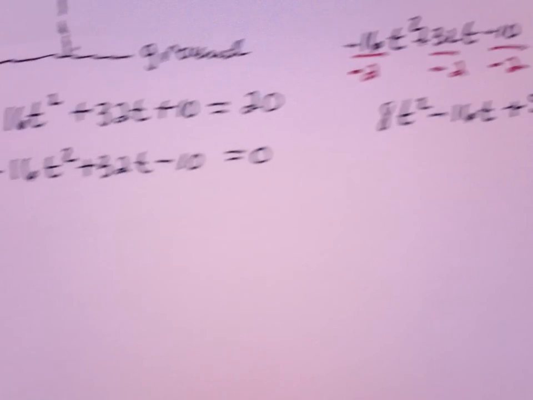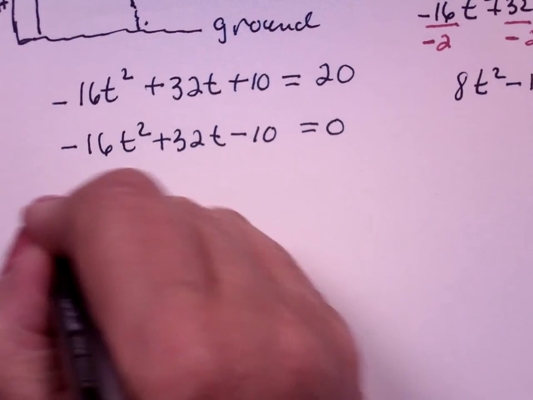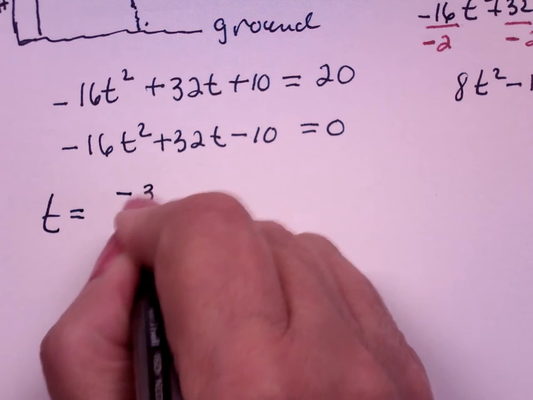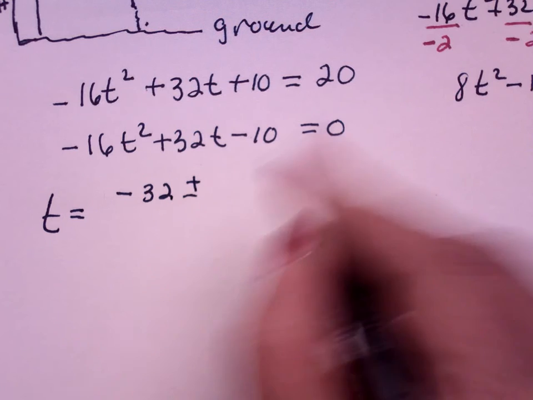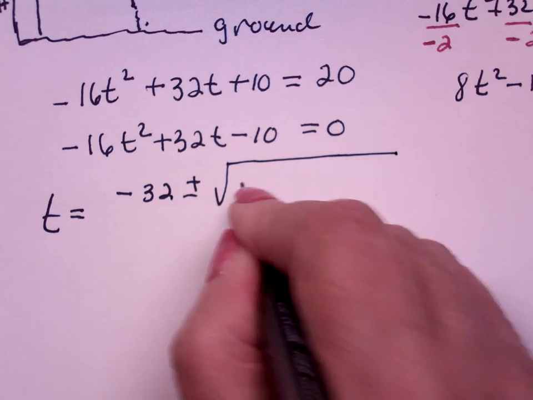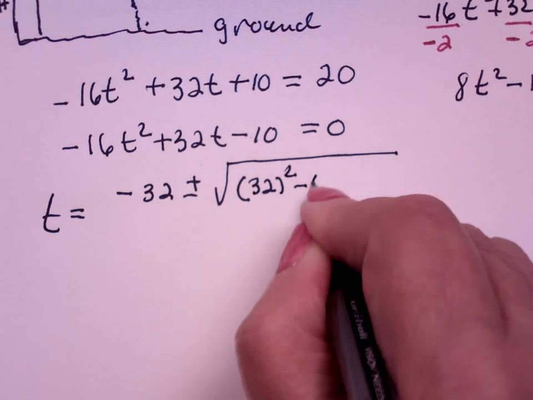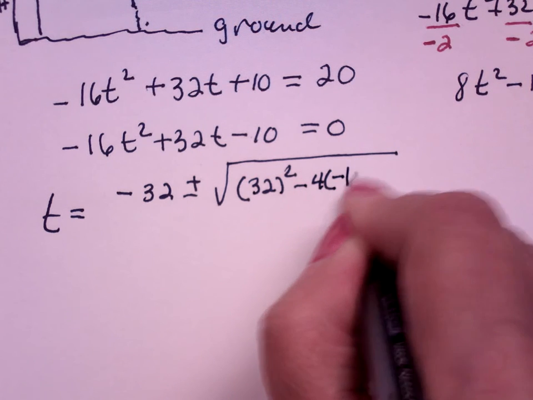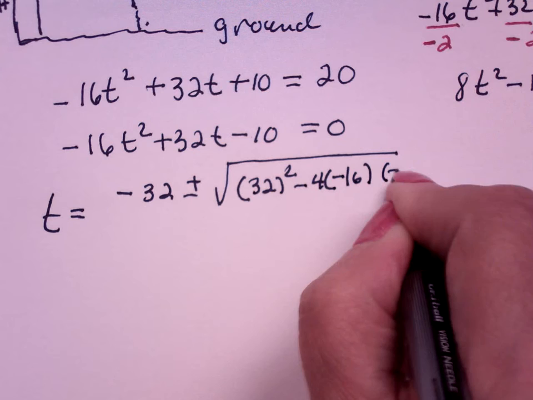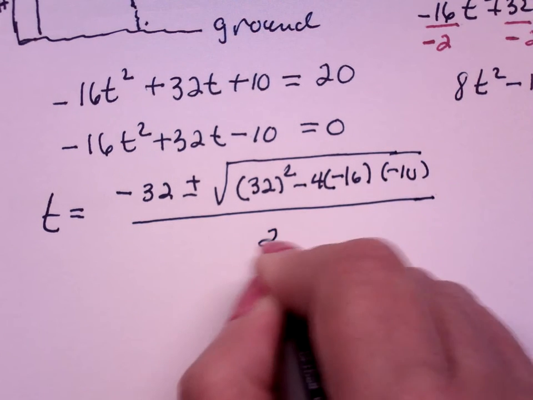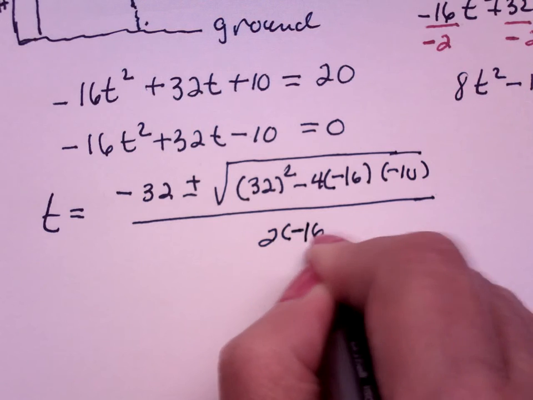So that t is minus b plus or minus the square root of b squared minus 4 times a times c, all over 2 times a.